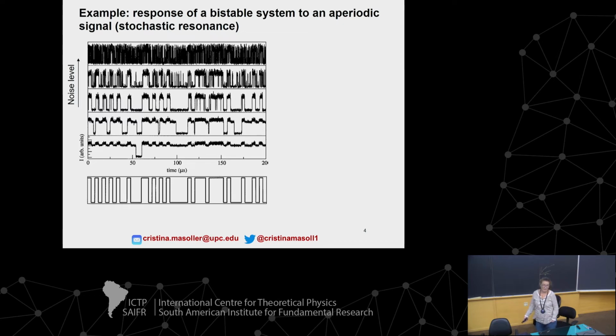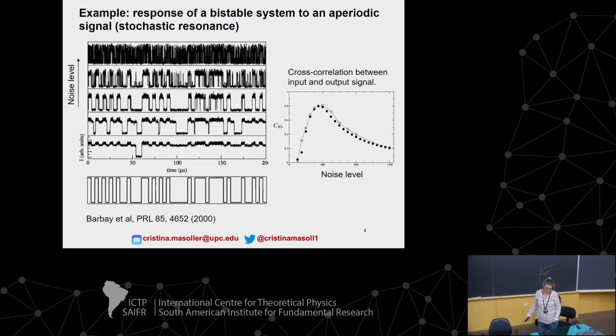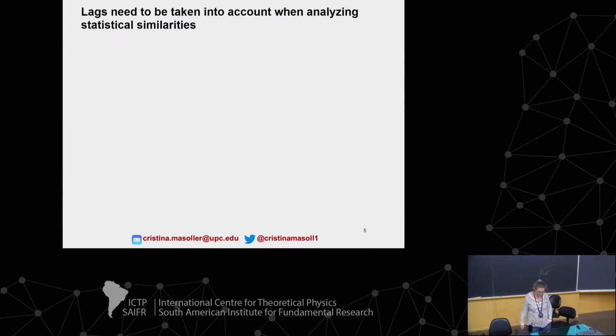So basically, that's how you quantify this effect. The stochastic resonance, one of the ways to quantify is to calculate the cross correlation as a function of the noise. And here we have very low correlation. And for a lot of noise, there's also very low correlation. And for an optimal level of noise, you can see that it's a correlation almost equal to 0.8.